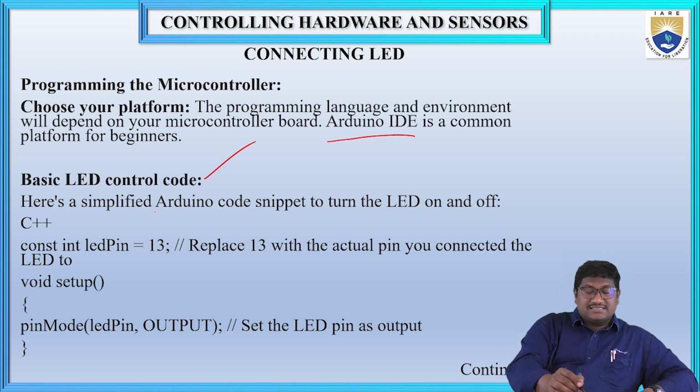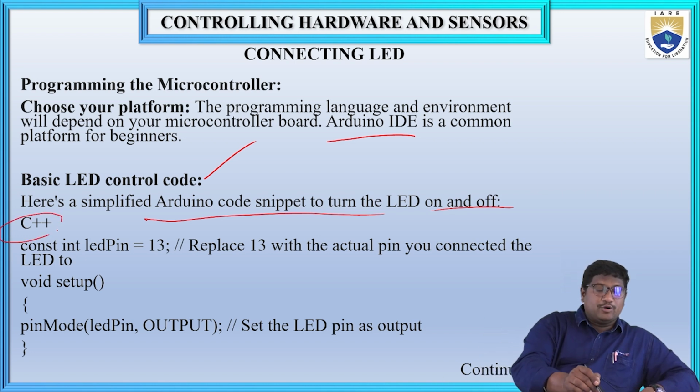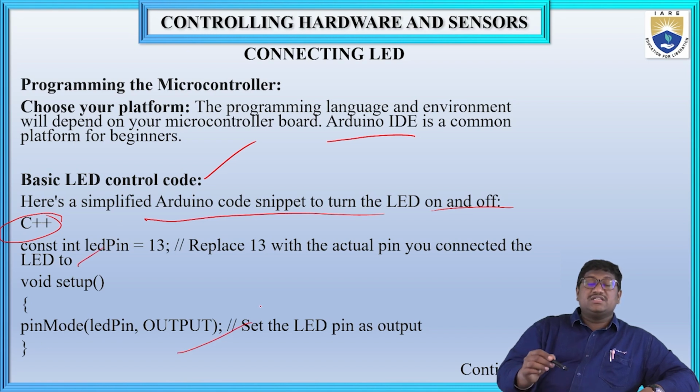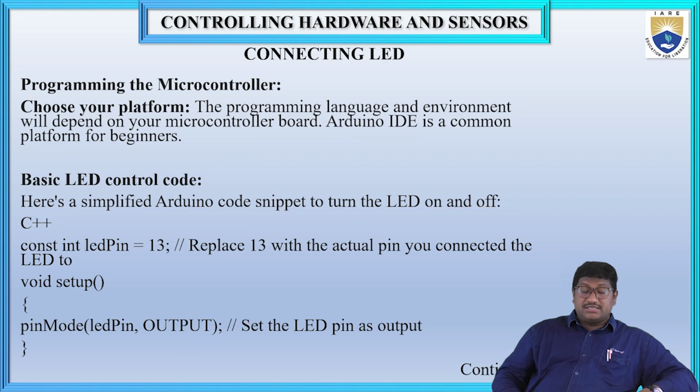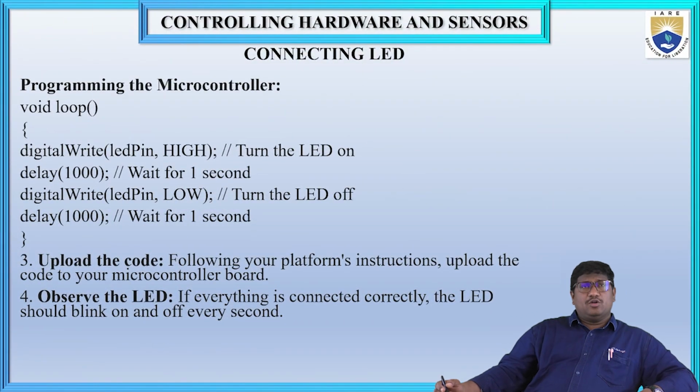Here I have taken a simplified Arduino code snippet which turns the LED on and off. See here, I have taken a program in C++ and now I am replacing 13 with the actual pin which is connected to the LED. In void setup, pinMode LED pin OUTPUT sets the LED pin as output, and I close that, and I open another function, void loop.